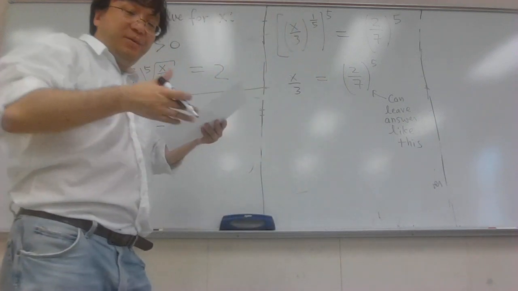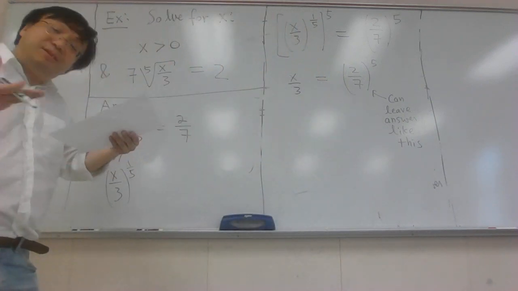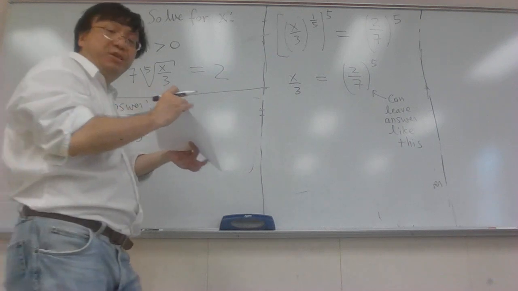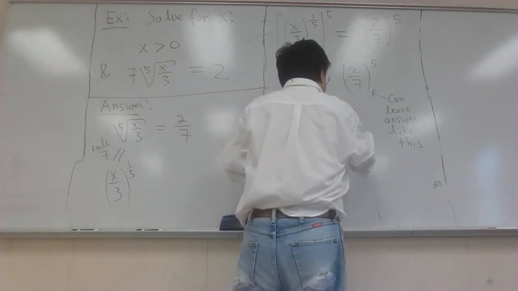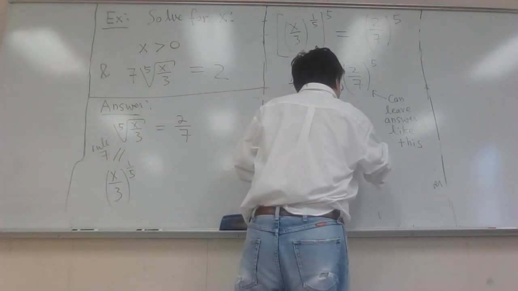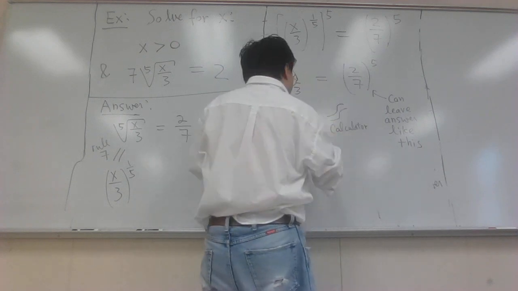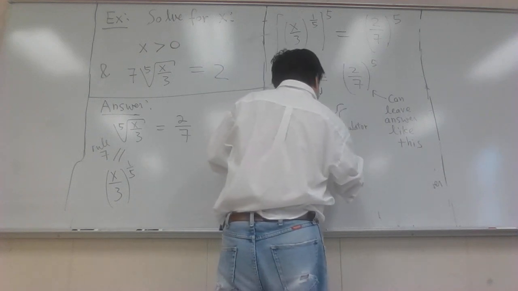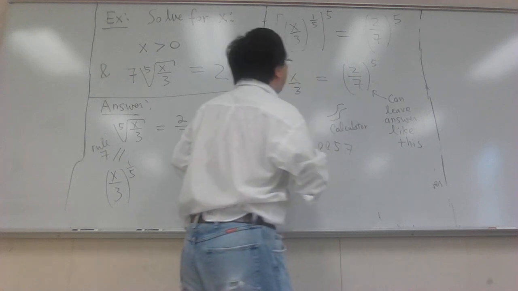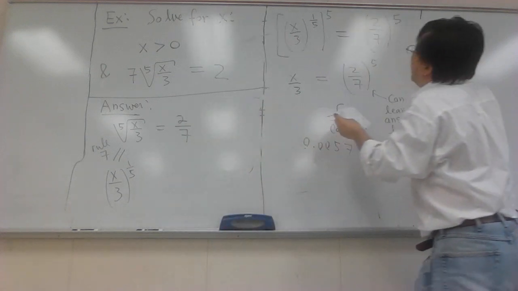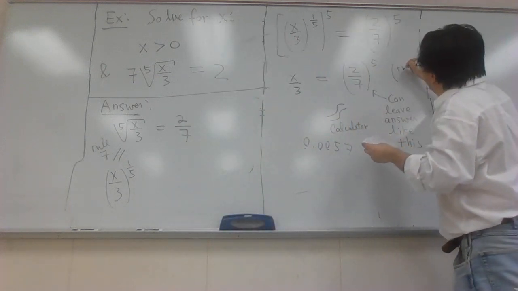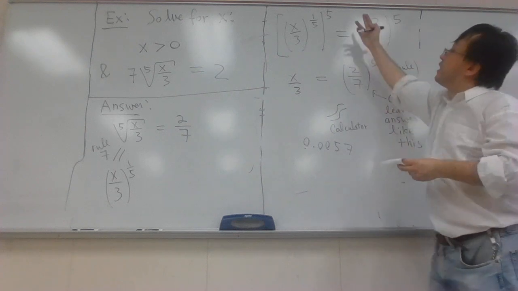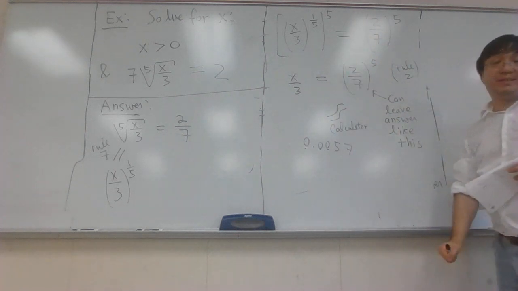But if you want, you can simplify it, like you can plug it into a calculator. If you plug into a calculator, this is approximately 0.0057. And over here we used rule 2: repeated exponentiation is the same as multiplying the powers.